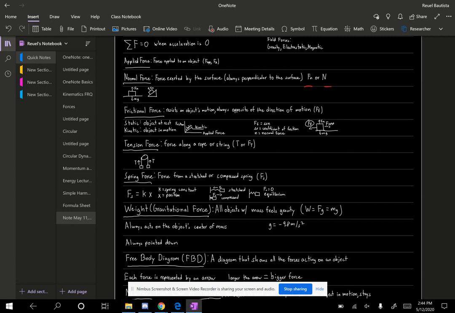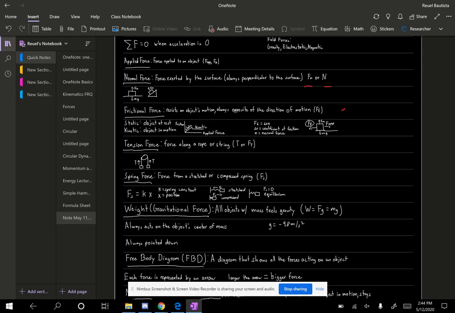But once you move it, it becomes a lot easier. You don't have to push as much. That's because of the difference between static and kinetic friction. With static friction, you will have to overcome that force. That's why there's this graph here. The force that you would need to overcome static friction is all the way up here. But once you overcome that force, it becomes a lot less with kinetic friction.